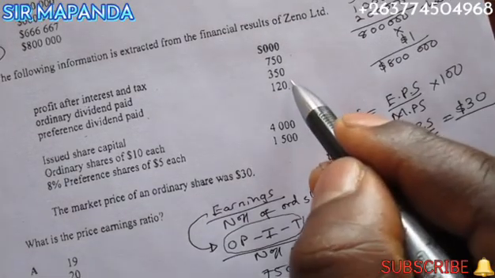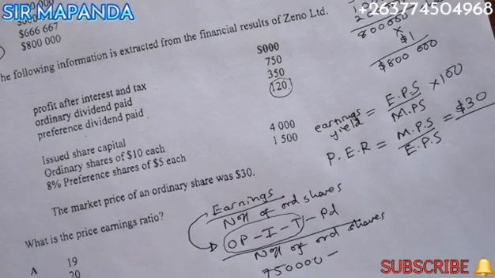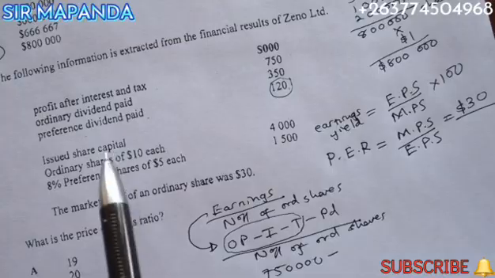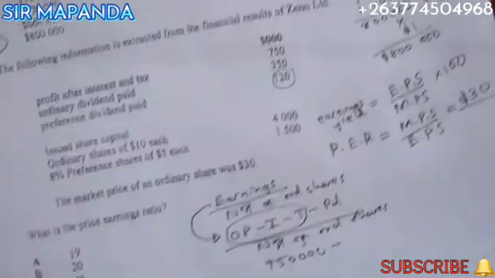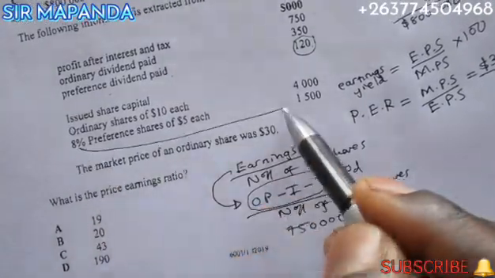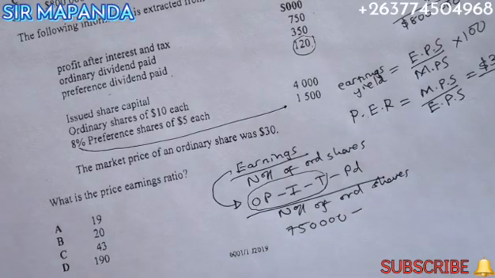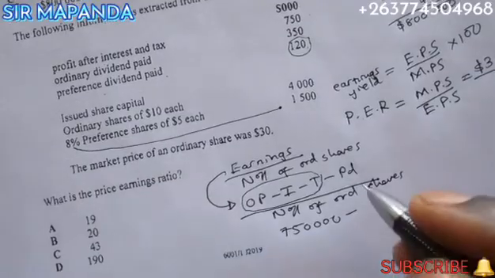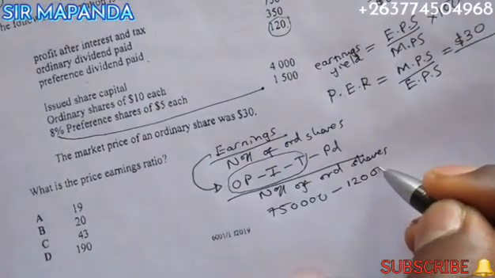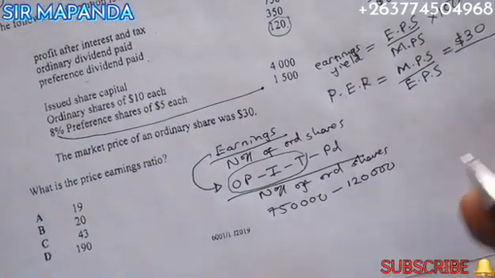So I'm going to use the amount given of 120,000, the preference dividends. But if this figure is not given, you multiply 8% with 1.5 million to get the preference dividends. So 750,000 is going to be deducted by 120,000.